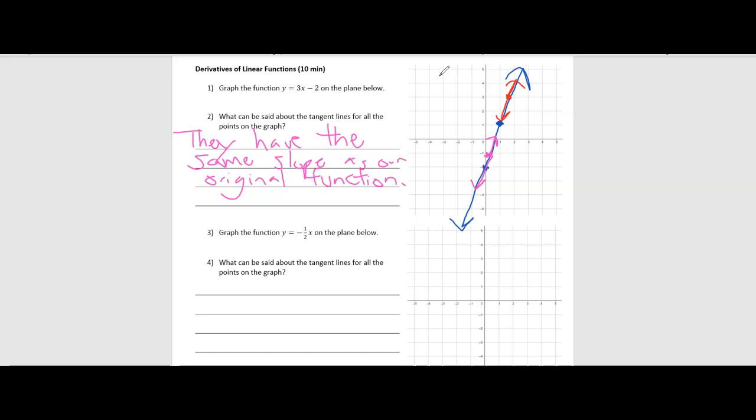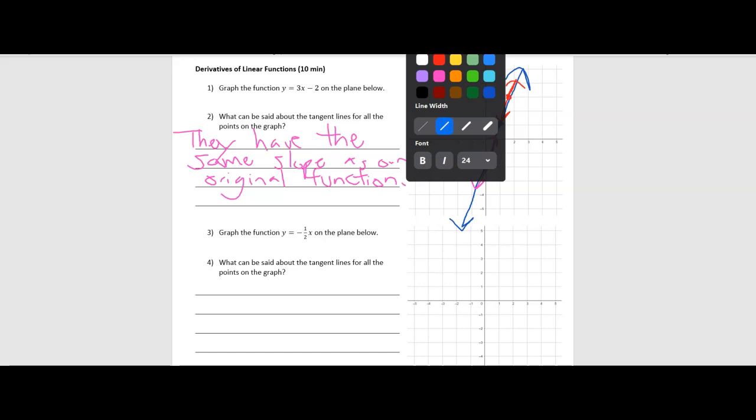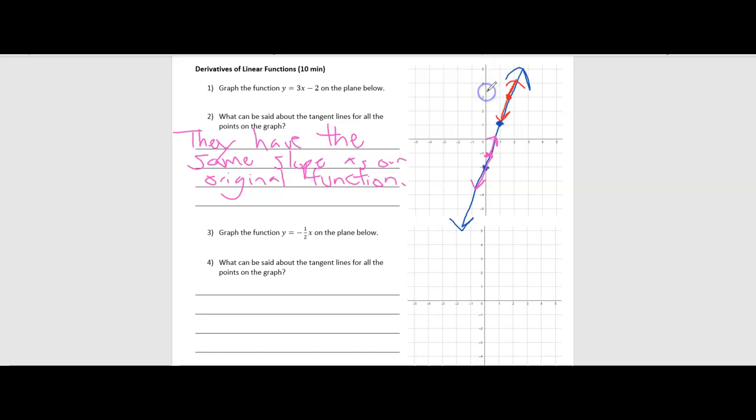Same thing could be said for the function down below. So if I have a function y equals -1/2 x, that is going to go through the origin, and I'm going to pick another point that will work. 2, -1 would work here.